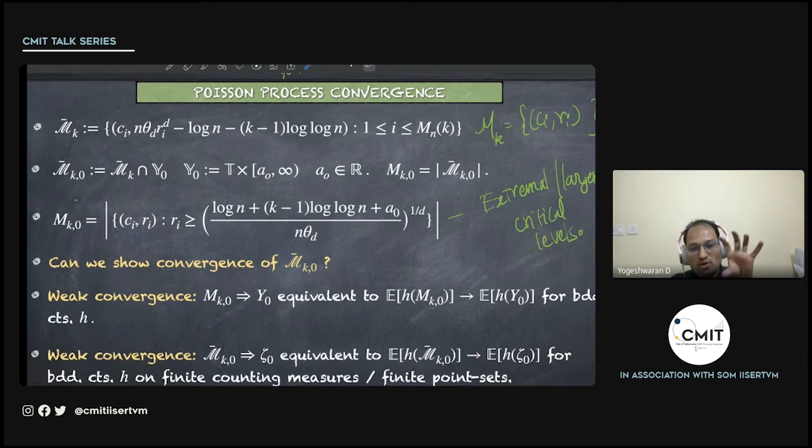I have to define a topology or metric on point sets. Forget this for the moment. I'm saying there is some nice topology on the collection of point sets. I have a continuous function, bounded also, and I have to show this expectation converges. This is the next point at which I can pause for a minute, and if anybody wants to ask anything, I can answer.